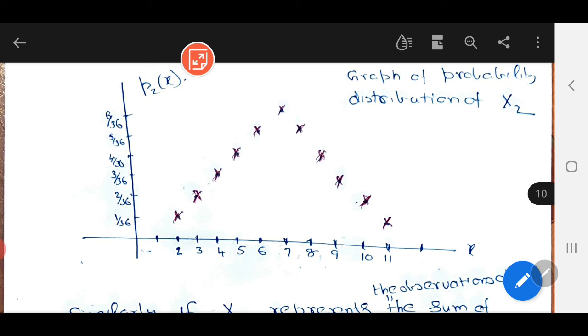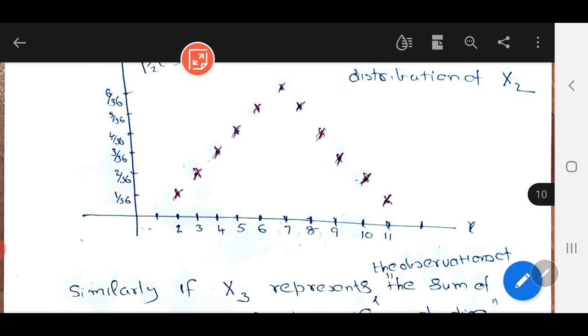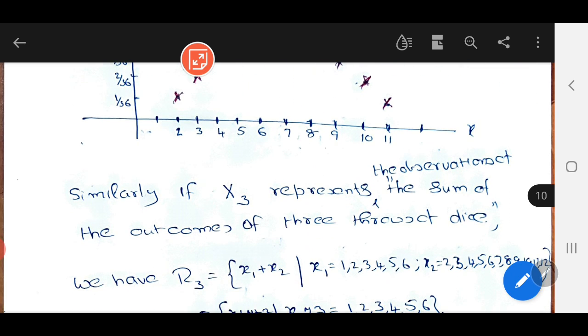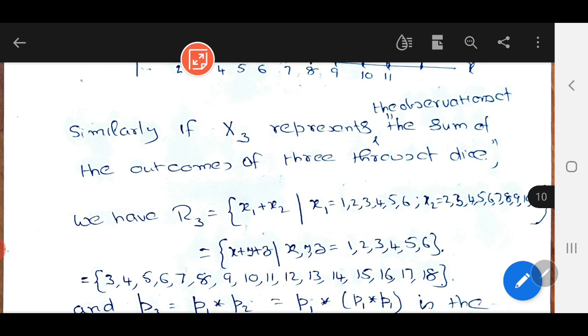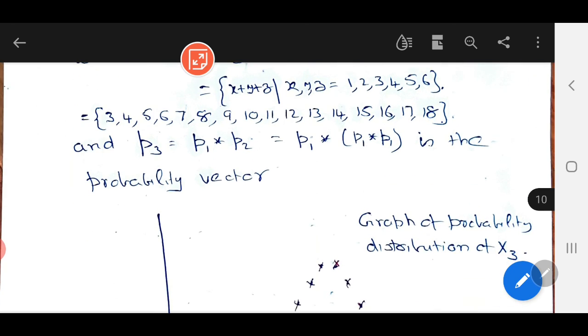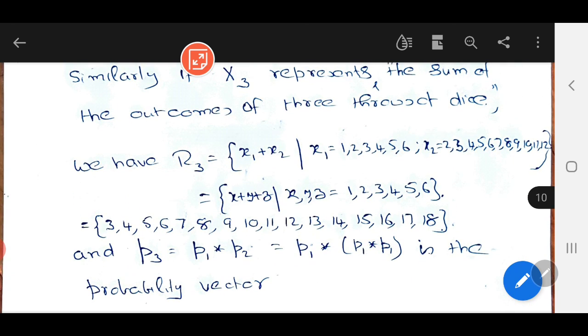Now if you do addition of observations, then you are getting a thing like this, a triangular one. Now, if you go for a third one, the sum of three faces, the third throw, the range of this transformation, see here I have given R3.